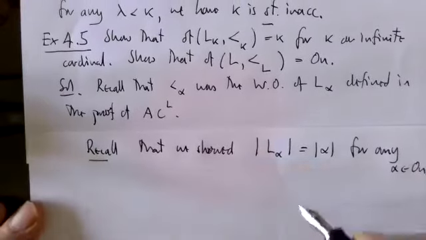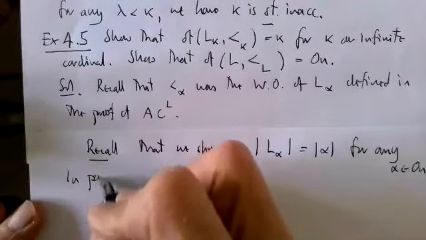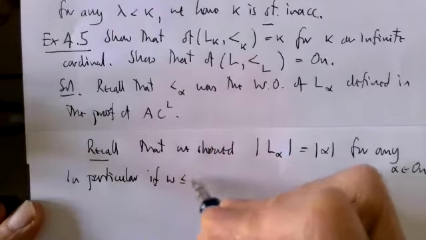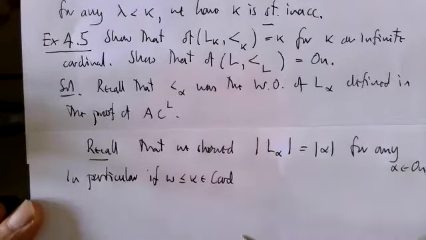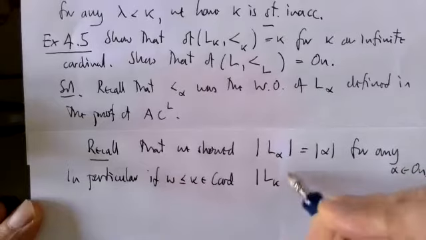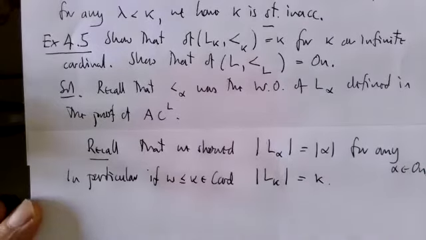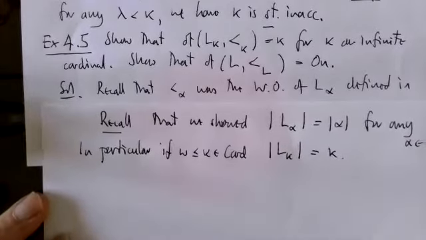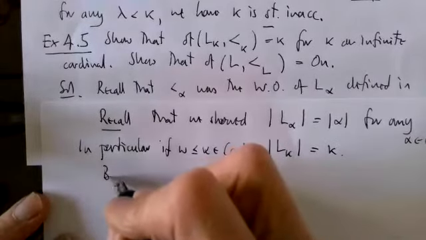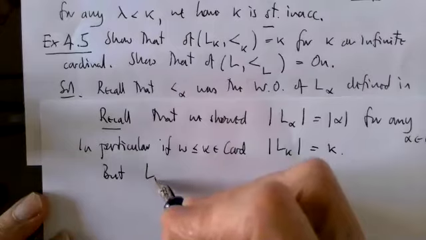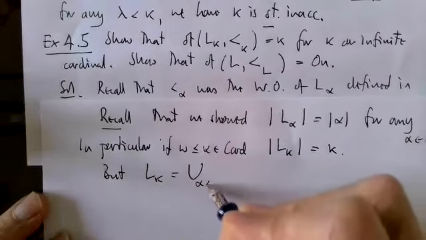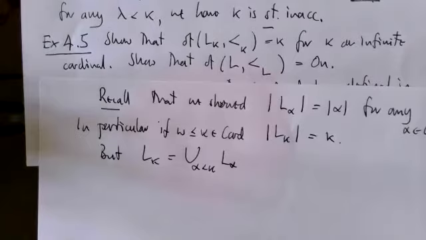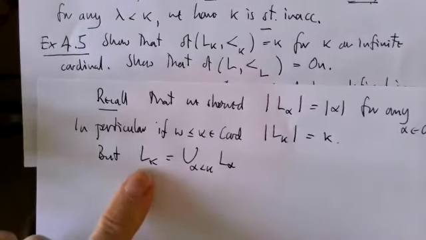In particular, if kappa is a cardinal, then the cardinality of L kappa is just kappa. But L kappa is the union of the L alphas. This is what happens at limit stages.